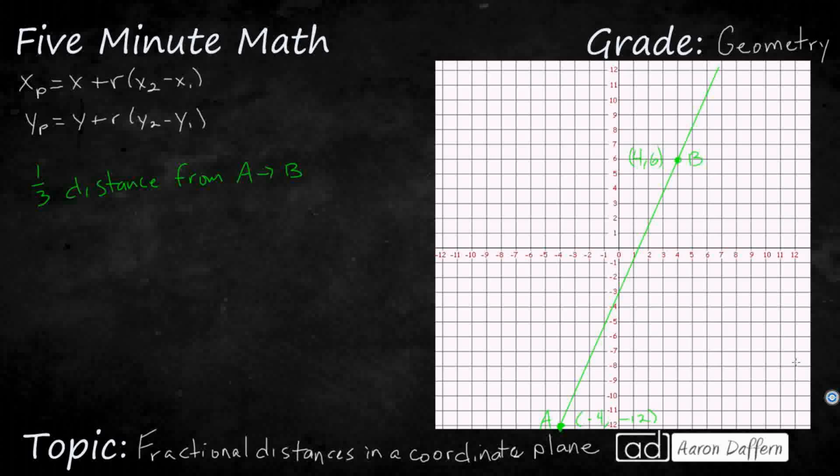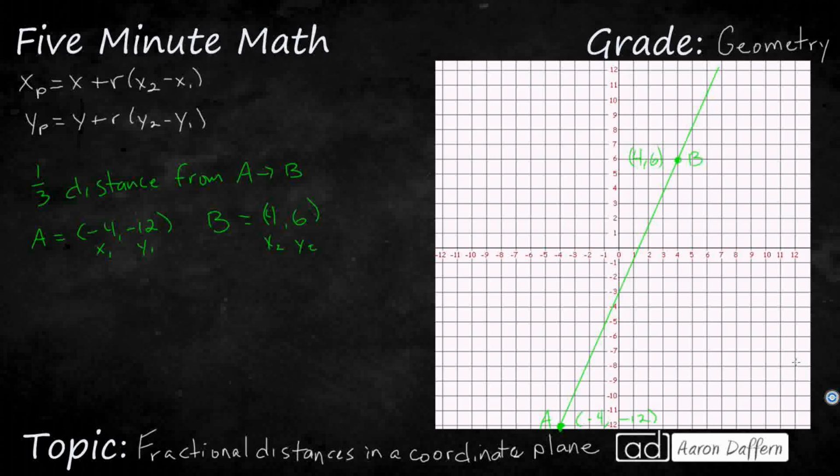So let's start with our A. So our A is going to equal, like we said, -4 and -12. So I'm going to use that along with our B here of 4 and 6. And really, it's the x value and the y value that I'm looking at. So I've got my x sub 1, my y sub 1, my x sub 2, and my y sub 2.